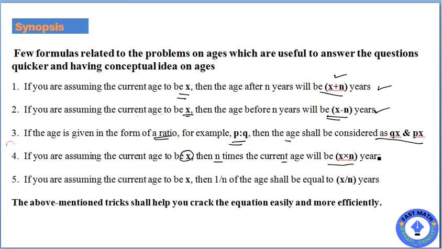If you want a detailed video on this concept, please comment. We can prepare a best video to understand the concepts in a systematic way. Finally, if you assume the current age to be x, then 1/n of the age shall be x by n years.